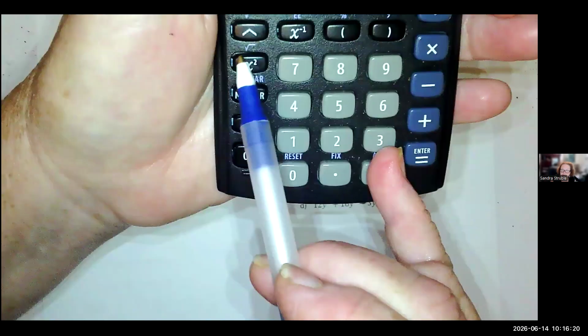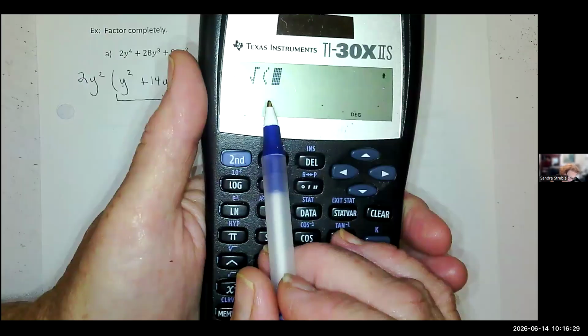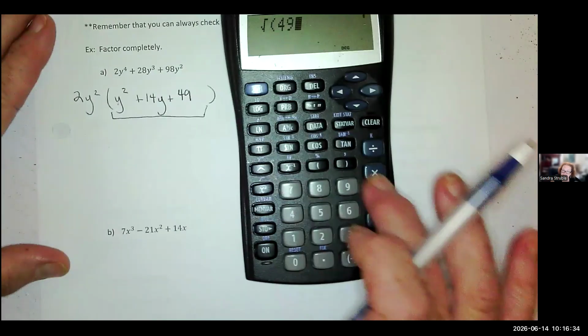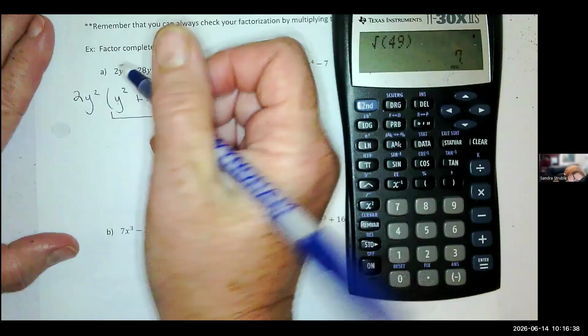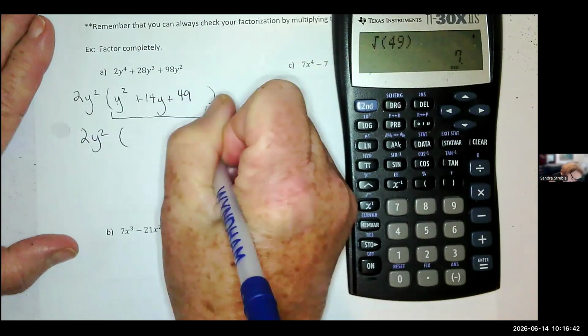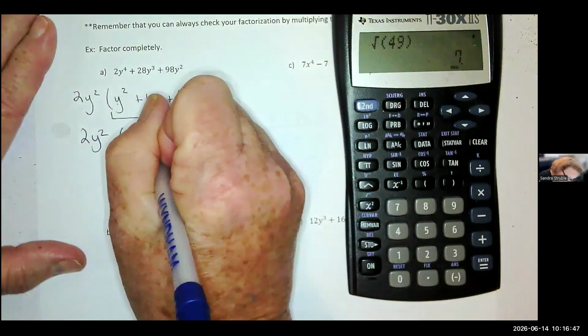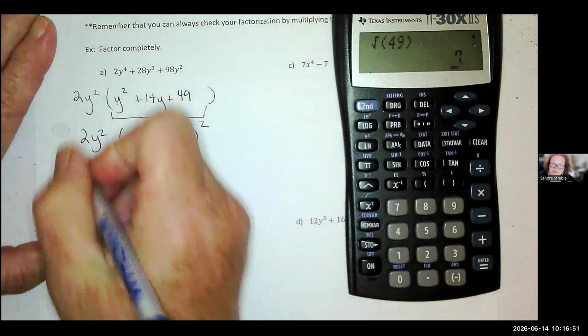Press second, x squared, to get your square root, and then type in 49. And you see that the square root is 7. So we can factor this into the square of a sum. Square root of the first, sign of the middle, square root of the last. There you go.